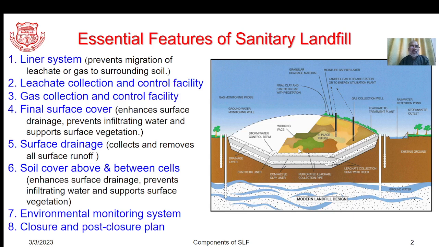Also we need certain soil cover in order to enhance the drainage as well as to provide preventive mechanisms for the movement of the leachate as well as the gases, and sometimes even to collect them in a specific way.